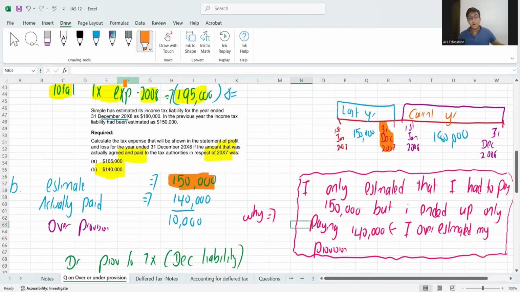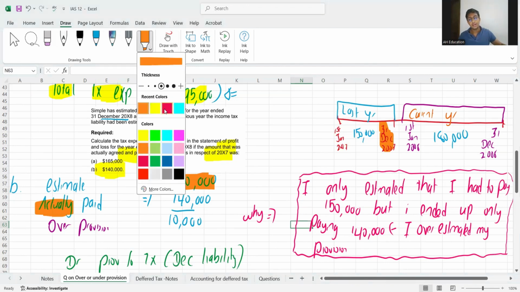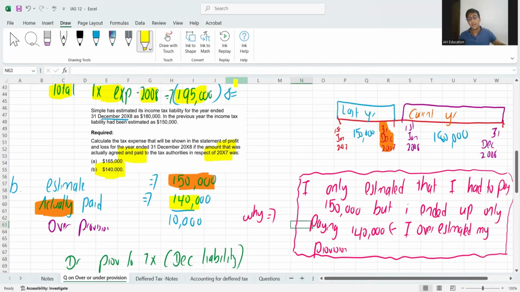But actually, what happened was when I went on 31st March 2008 to the tax department to pay my taxes, they told me, sir, you don't need to pay 150,000. Rather, you only need to pay 140,000. So can you all see my last year's provision in terms of income tax?